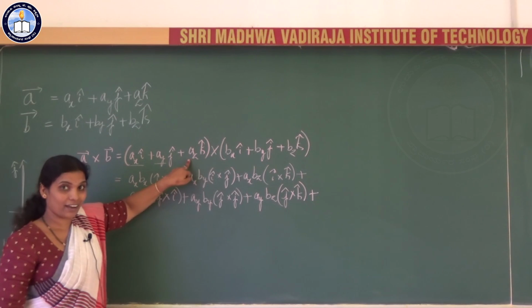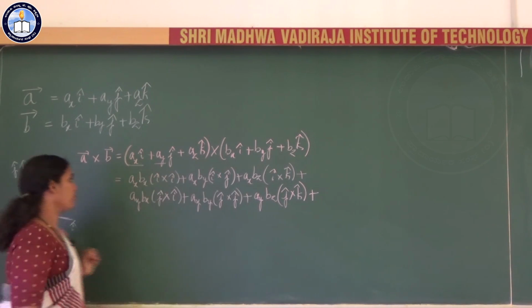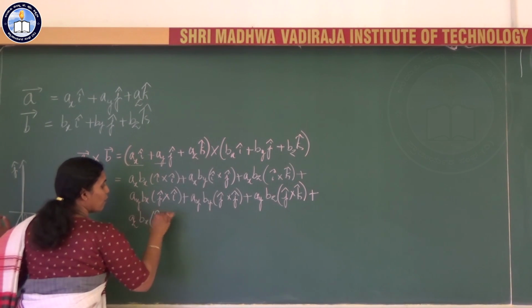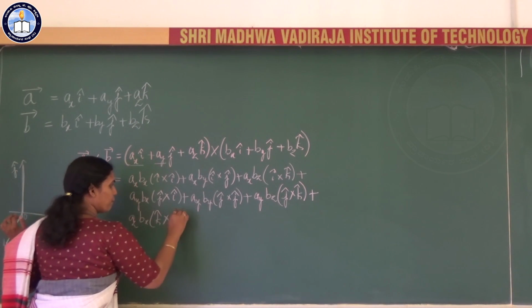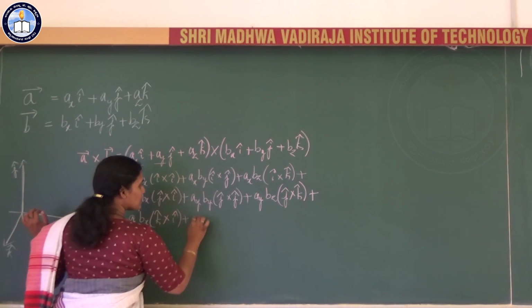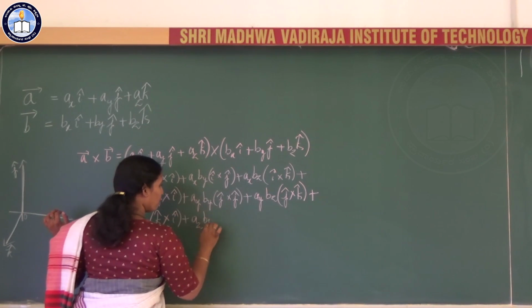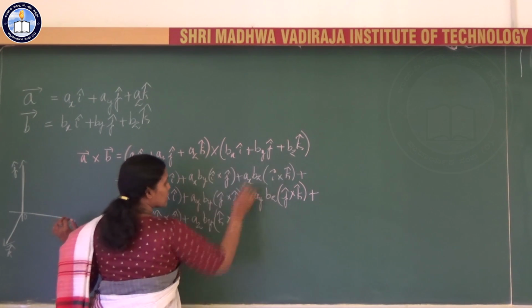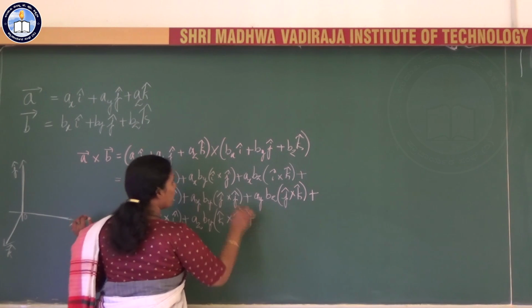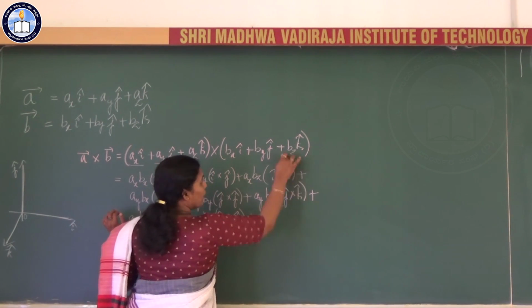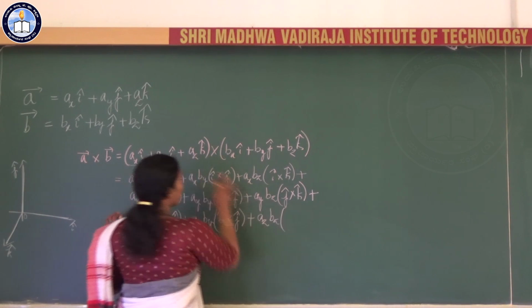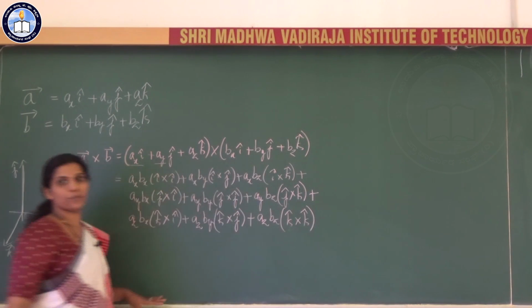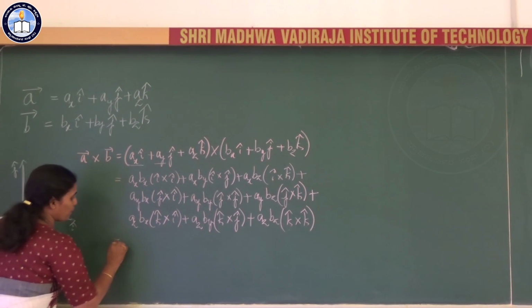now you take Az k cap with this. So it is Az Bx k cap cross i cap, plus Az By k cap cross j cap, plus Az Bz k cap cross k cap.